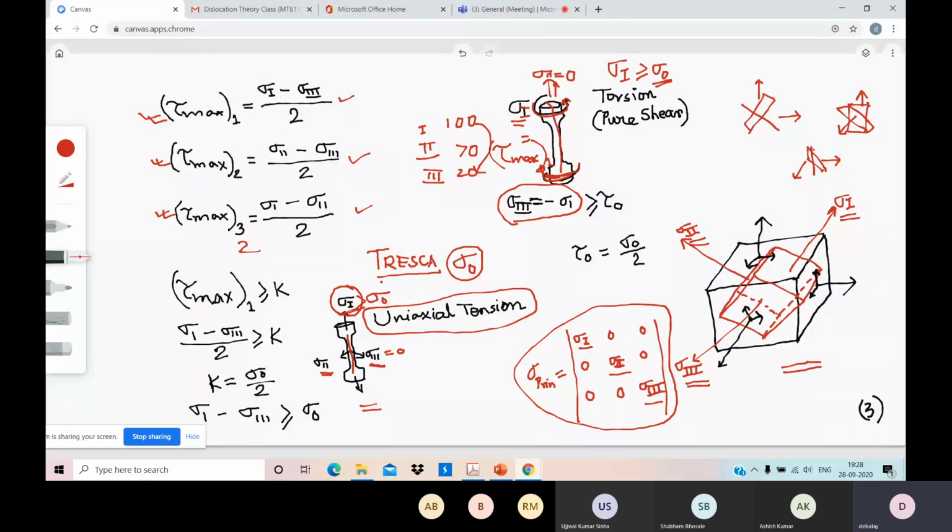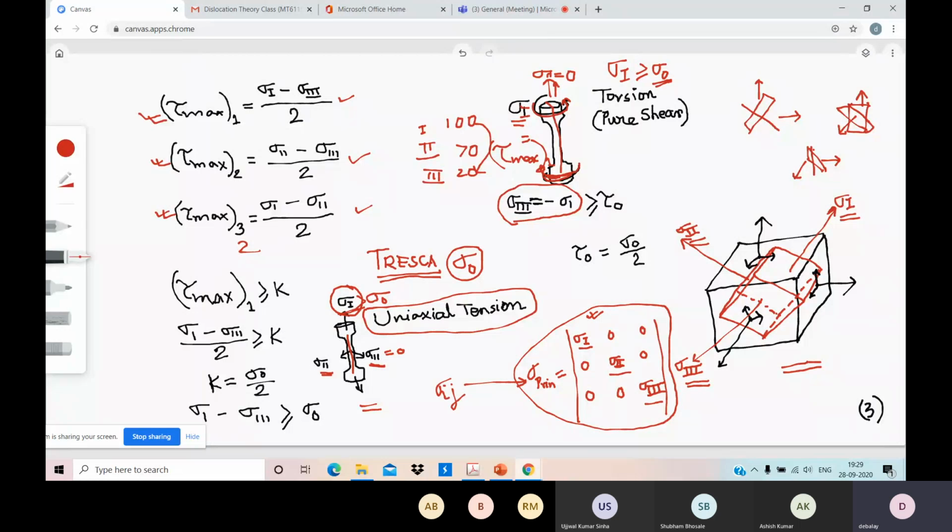Tresca said, for any, I give you any arbitrary principal stress tensor. Even I can give you a simple stress tensor, sigma ij, because from the stress tensor, you can calculate the principal stress values. At least you have seen how the stress tensor components are related to the principal stress values for biaxial loading condition.